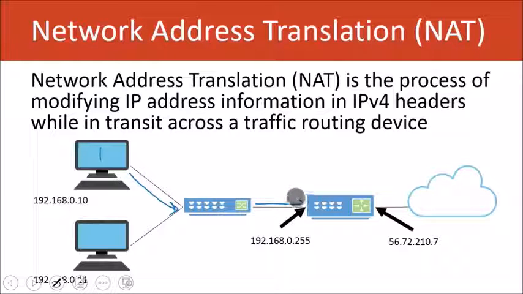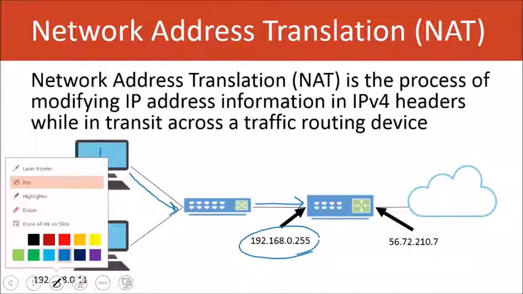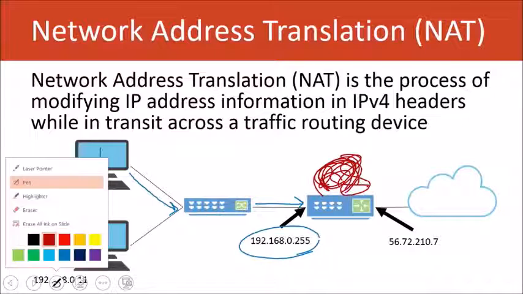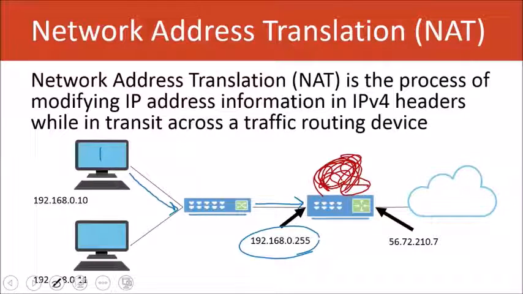The switch goes ahead and sends it off to the router. And then what happens is that the packet might have the addressing information of 192.168.0.255. And this is my translation process here, right? That router is going to go to work and it's going to translate this address into this one.